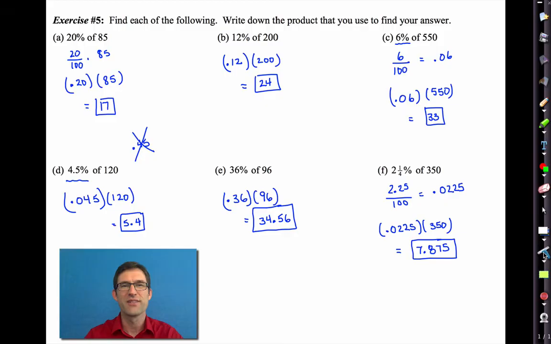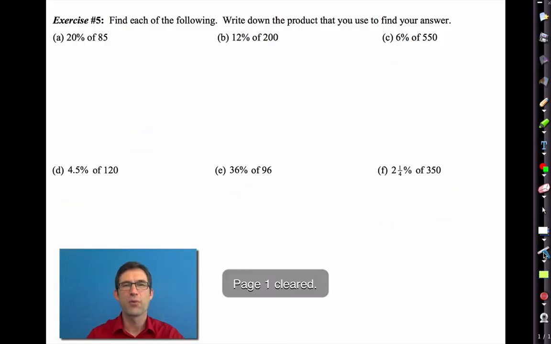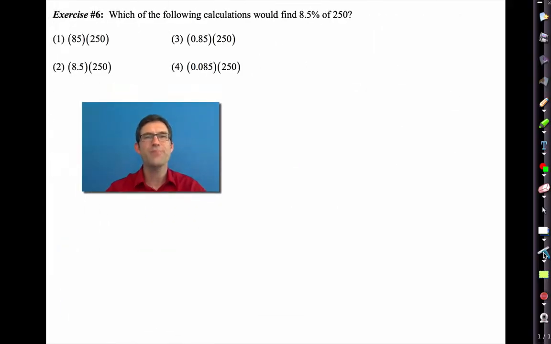All right, I'm going to clear out the text. Let's do one more problem. All right, just a little multiple choice problem. Which of the following calculations would find 8.5% of 250? Pause the video now, think about what we did in the last problem and how to do this problem.